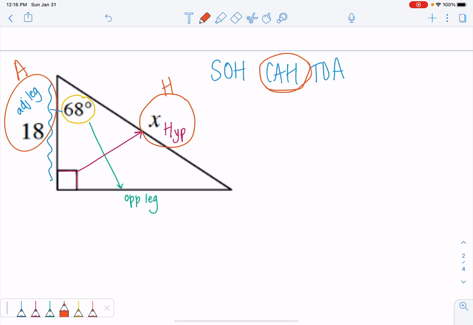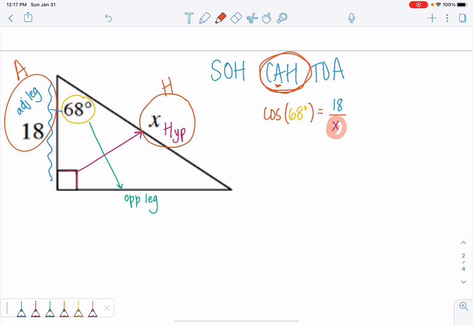We're going to use cosine of our angle equals A comes first, adjacent divided by hypotenuse H. This algebra is a little bit different because x is in our denominator.